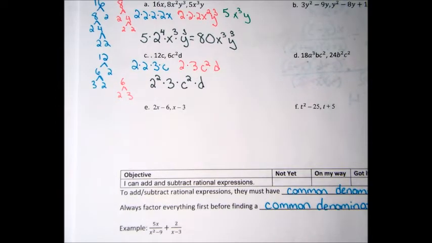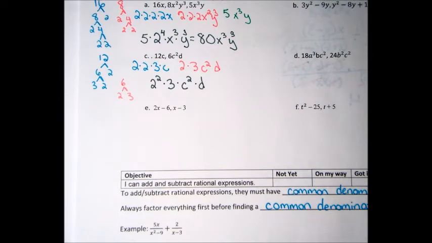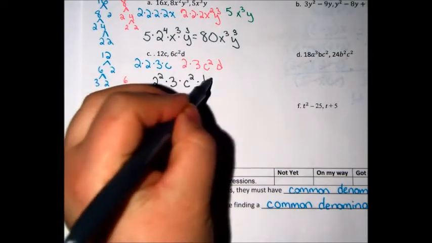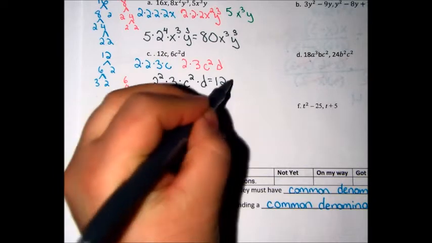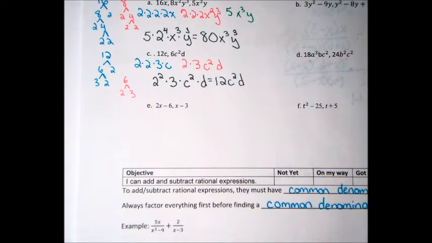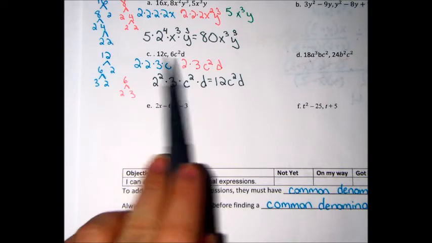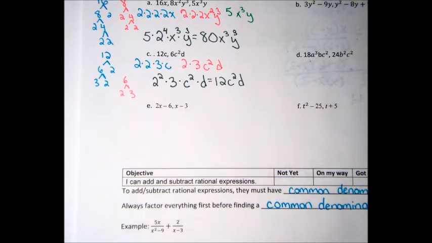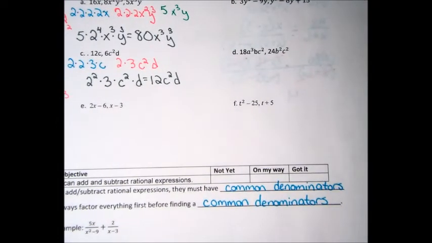So when I do 2 times 2 times 3, I get 12, with 2 c's and 1 d. That is the smallest that either of the 2 starting sets could go into. Let's do one more without pluses and minuses before we move into pluses and minuses.